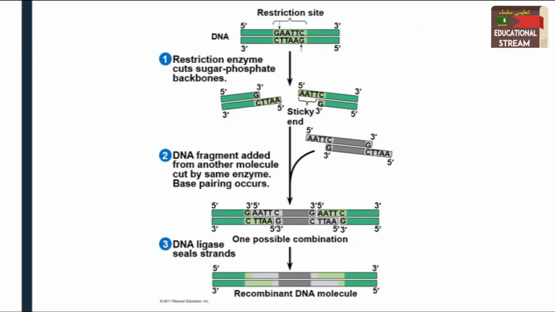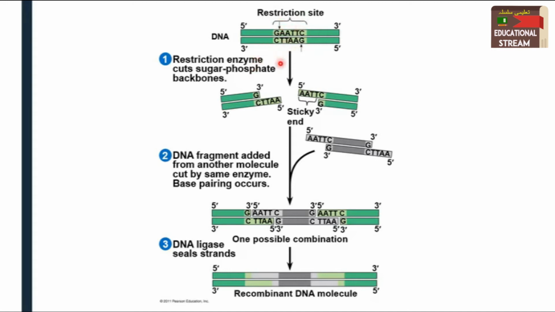Here you can see an example of how restriction enzymes work. This is a DNA sequence which contains a cutting site. For instance, this is the cutting site of EcoR1. This is the restriction site, and the same is the recognition site for the type 2 restriction enzymes, which recognize a 4 to 8 base pair sequence.